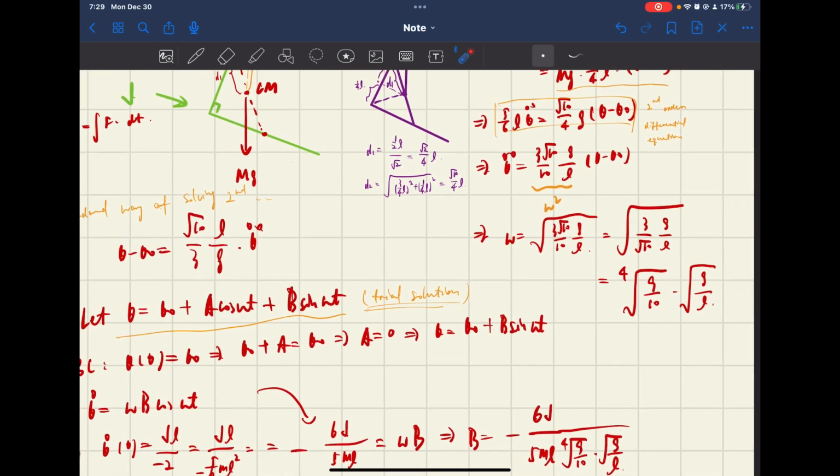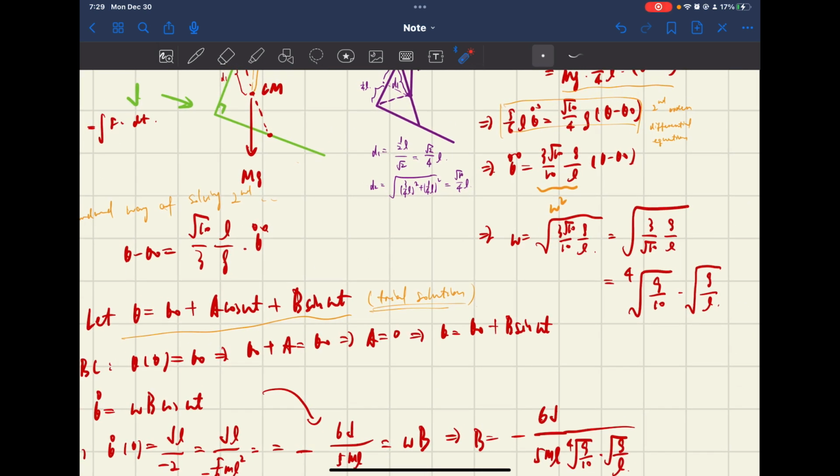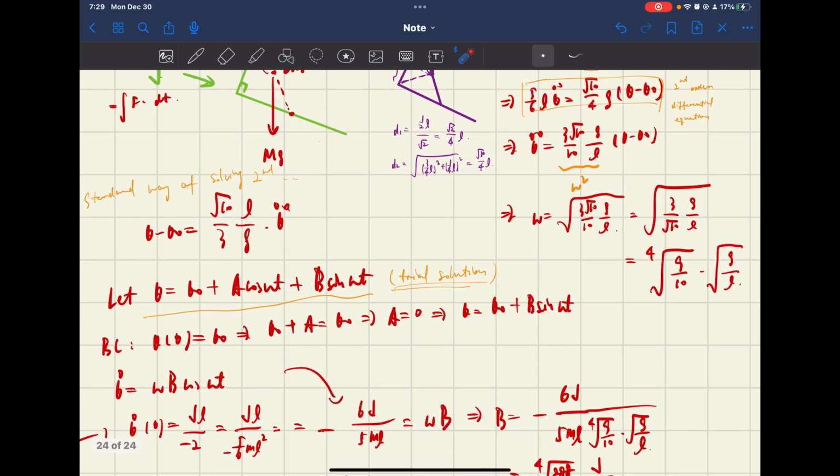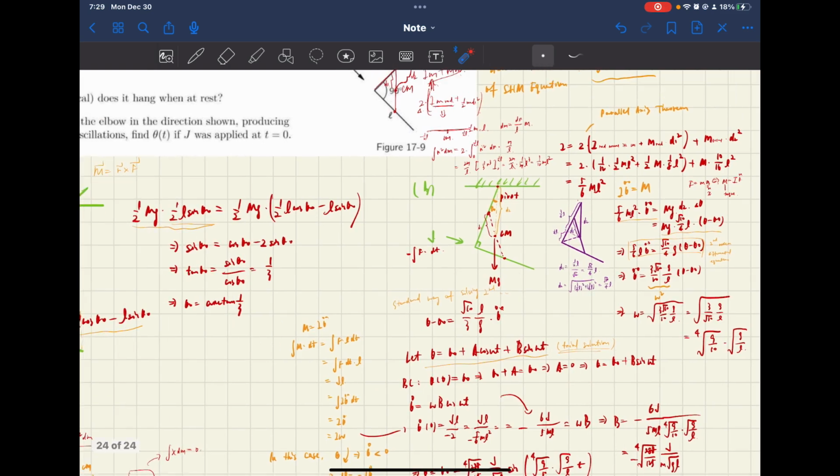But before that, we need to realize something, because if we just do that, we'll be unable to calculate the value for this omega right here. This is a very important factor, because this is the angular frequency of the oscillation, because we're dealing with oscillations here.